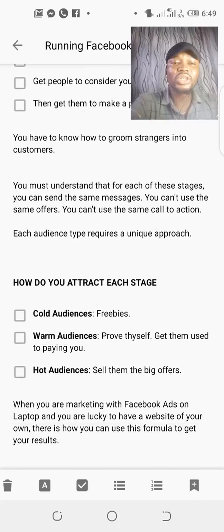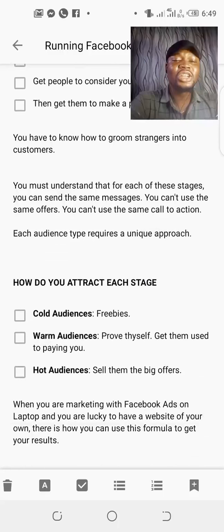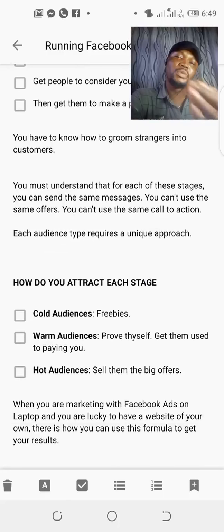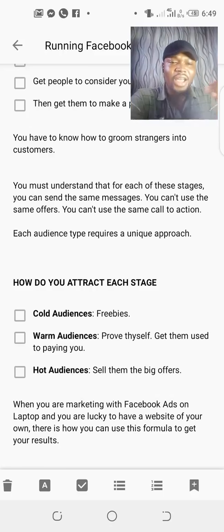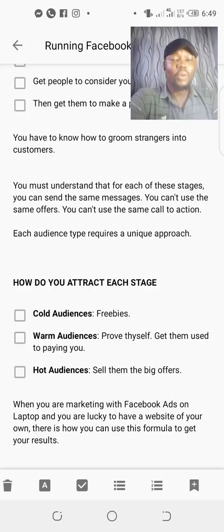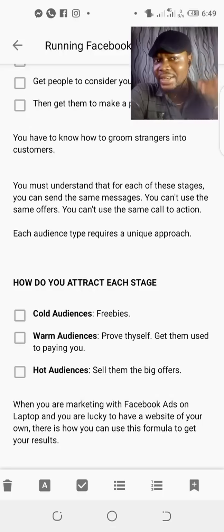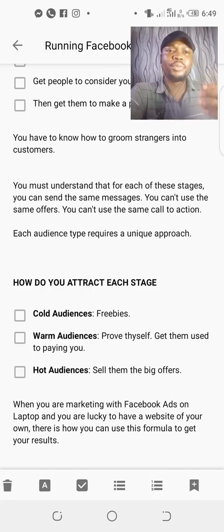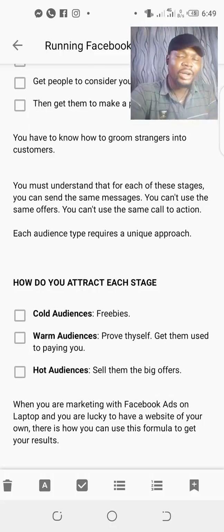So now the question is, how do you attract each stage? Each of these people, each of these stages: the cold audiences, the warm audiences, and the hot audiences. Number one, cold audiences, the way to attract them is by sending them freebies. It could be a free report, a free ebook, a free class, a free training, a free tutorial, something free.